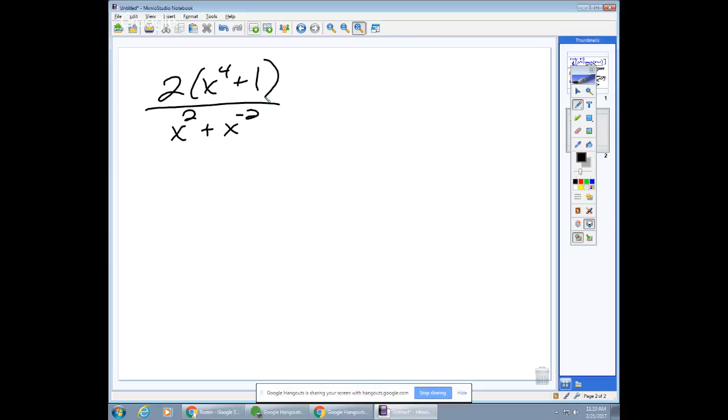I was thinking about multiplying top and bottom by x squared, and if I do that, I would get 2 times x to the 6th plus x squared over x to the 4th. Oh, no, look at that. Why did I do that? I'm not going to distribute.